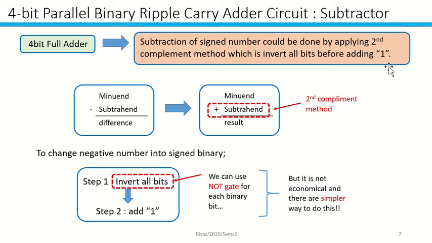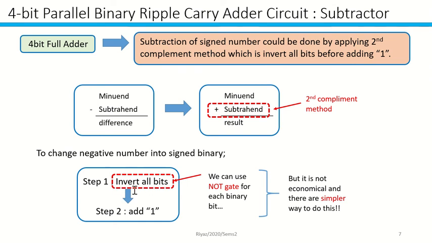For the second complement, we always invert the bits and add 1. So for example, like this, this is minuend minus subtrahend, you have the difference. But now we're going to change the minus to become a positive. To change this, we need to change the value over here to the second complement method. So first we need to change all the bits and then add 1.